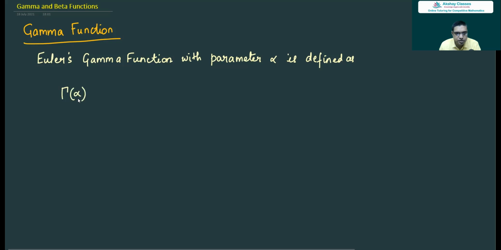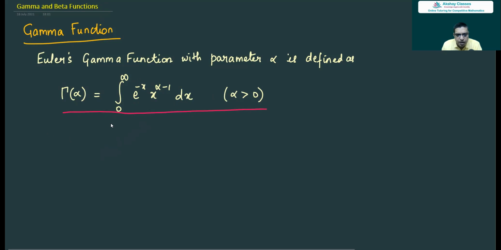This is the capital gamma of the Greek letter. Gamma of alpha is integral 0 to infinity e power minus x into x to the power alpha minus 1 dx. Here, this is for alpha greater than 0. So this is the definition of gamma function.